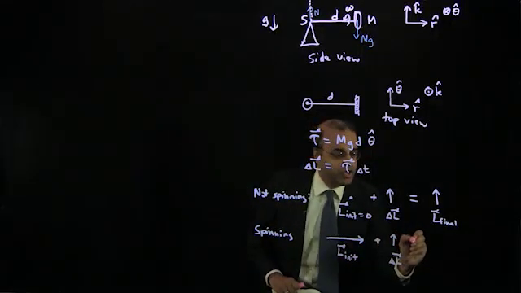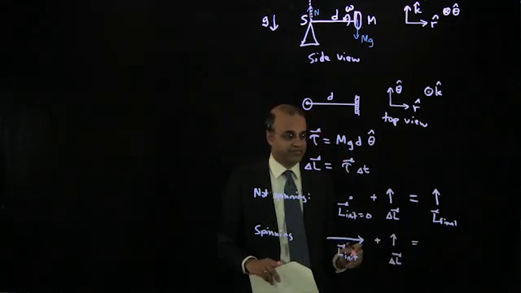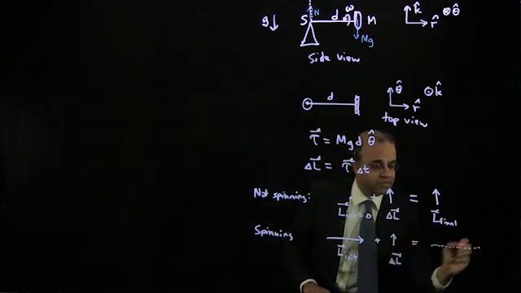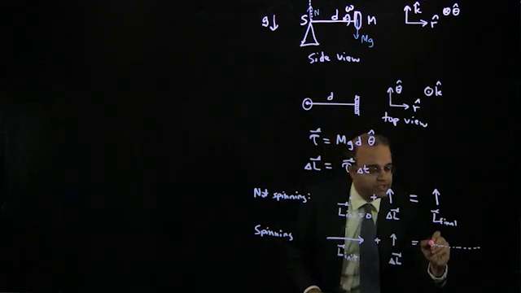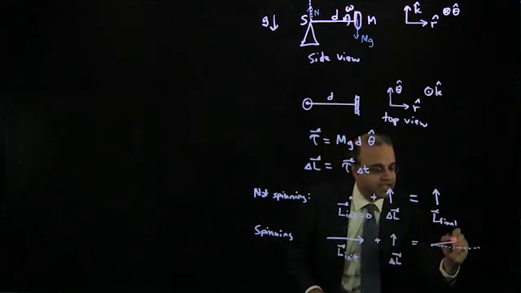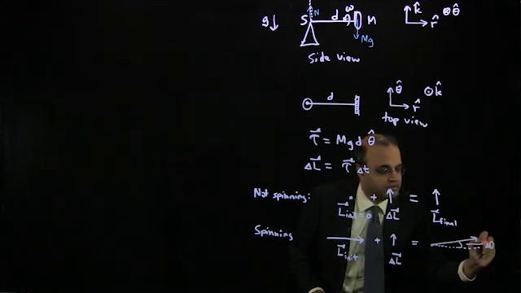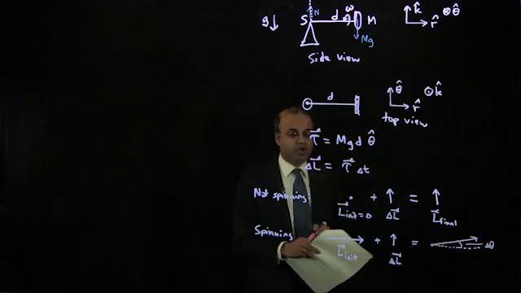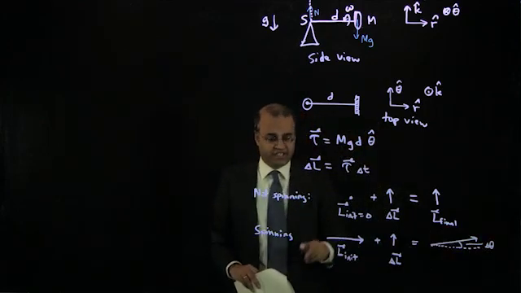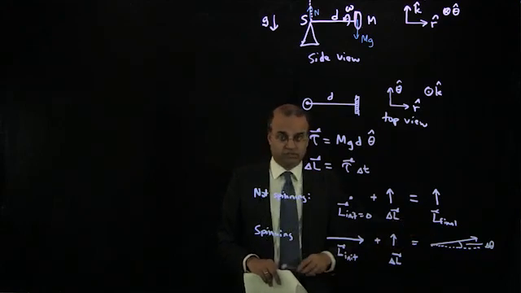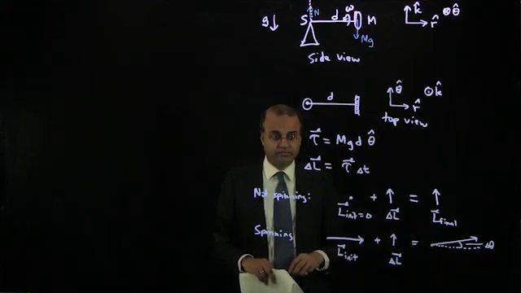And so the sum of those two things, if this is the original r hat direction, what's happened is that my new vector is at a small angle with respect to the original r hat direction. I'll call that angle delta theta. So what I've done is I've rotated my initial angular momentum vector by a small angle without changing its length.